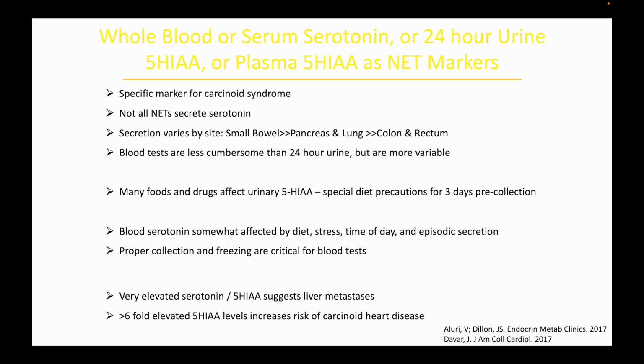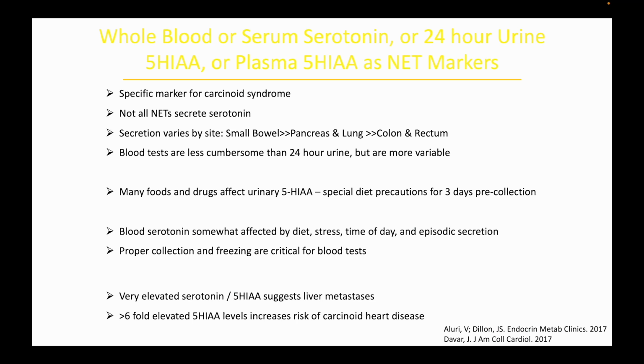The diet consists of many nuts and fruits and some vegetables, and there are many drugs that interfere with this. So there's a long to-do list for 3 days to get an accurate urine test. The blood tests do have some effect of diet, but much less than this.